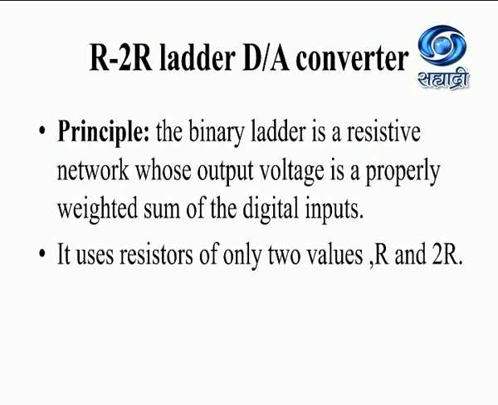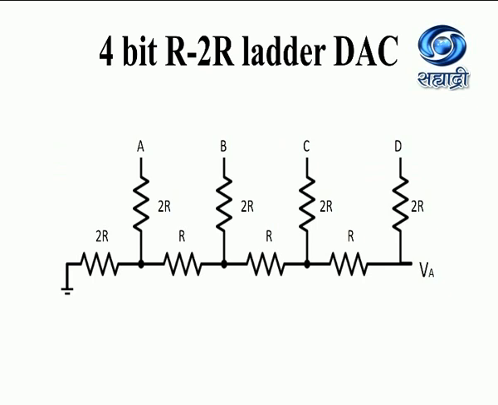It uses resistors of only two values, that is R and 2R. This is the arrangement for a 4-bit R2R ladder DAC. When we design this 4-bit R2R ladder, we have to use 8 resistors of 2R and R values, and we can calculate each bit's positional weight using these R and 2R values.